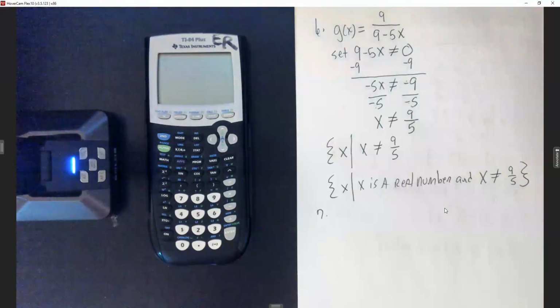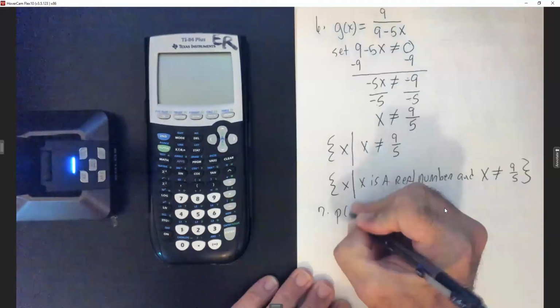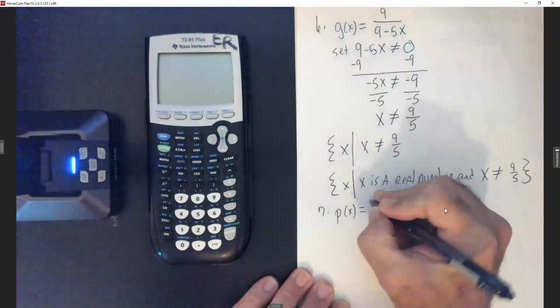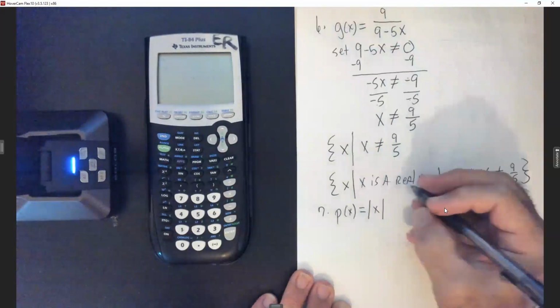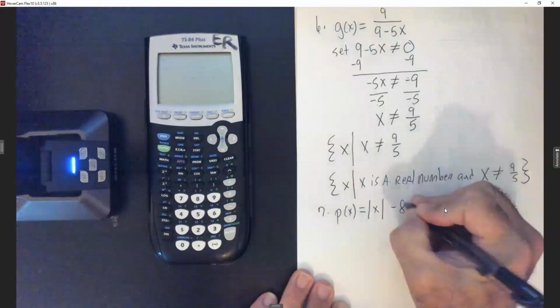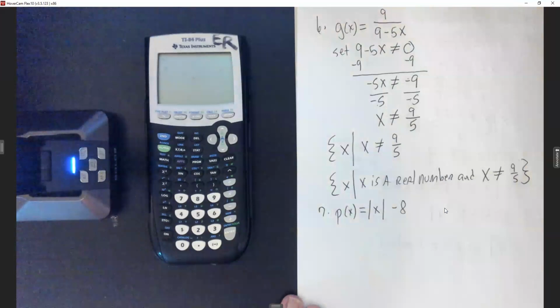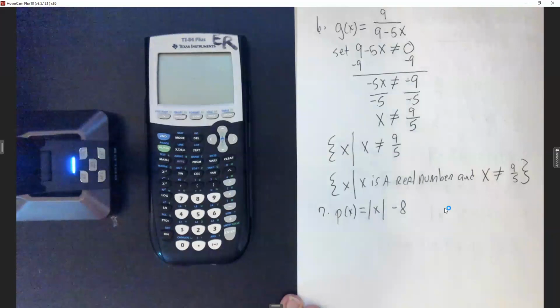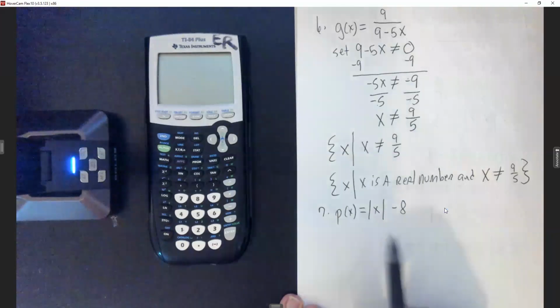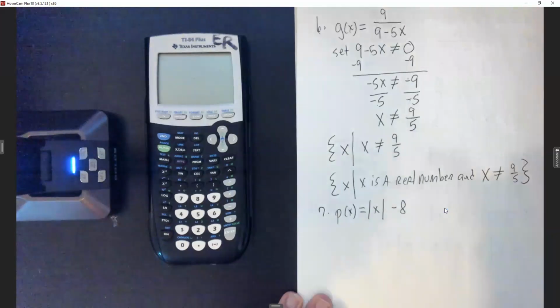All right, y'all, 2 more of these. P of x is going to equal the absolute value of 4x minus 8. Well, no fraction to worry about. No radicals to worry about. I can take the absolute value of any number, so I ain't got no restrictions on that.